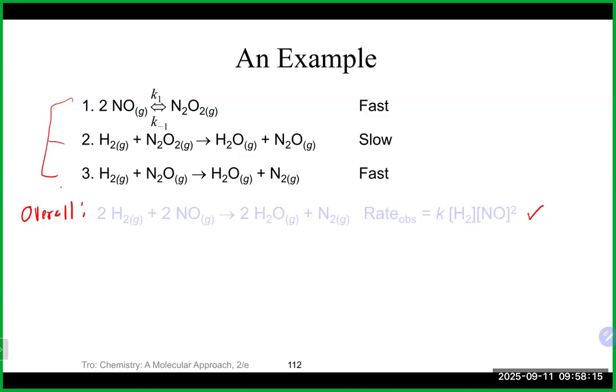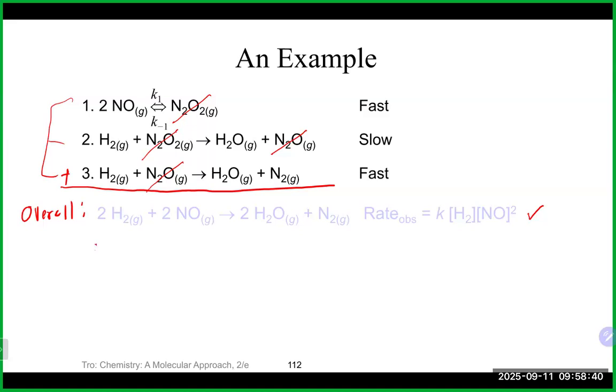If we do that, let's see what we've got going on. Something's got to cancel, right? The N2O2 looks like it cancels. My N2O as well cancels. And I think that might be it. Yep, so that's everything that will cancel.